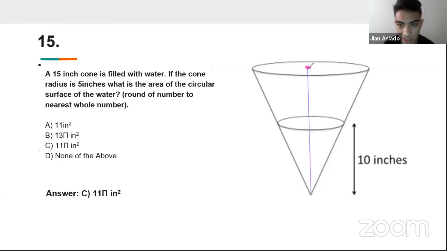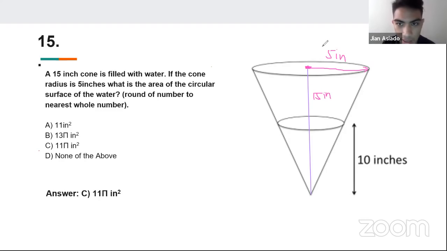And then, the cone radius is 5 inches. Yung height naman ay 15. Ngayon, what is the area daw nung circular surface of the water?